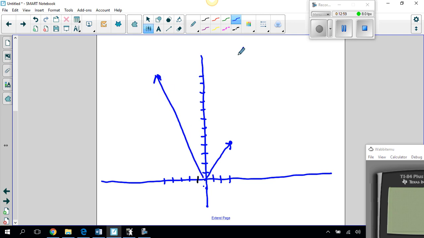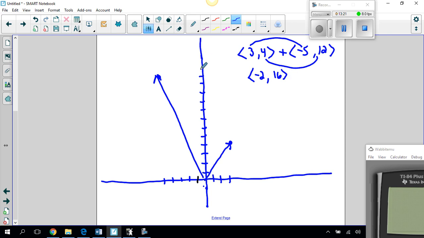So that's vector 3, 4. And what I want to do is add the vectors. Now the cool thing about adding vectors, you just add the x components and you add the y components, and you get the point negative 2, 16. And that's what we call the resultant vector.